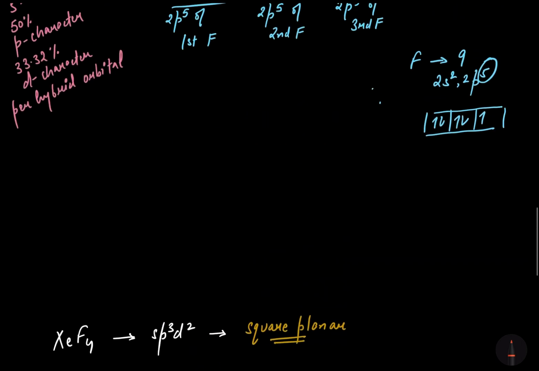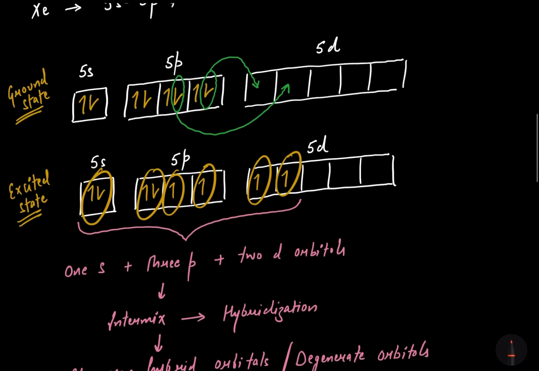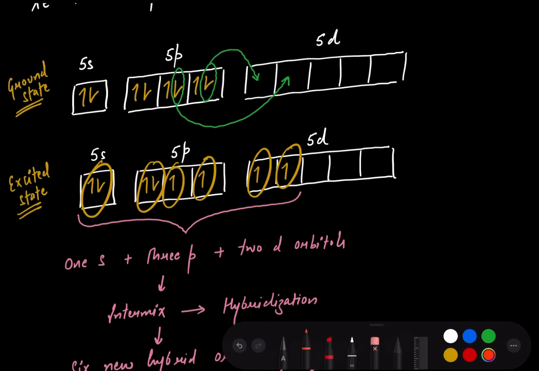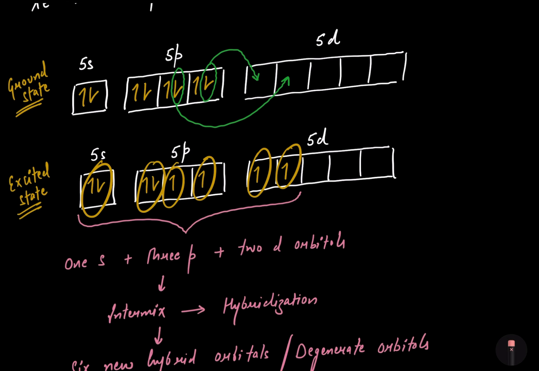Now, at last, let's talk about the energy points. In the hybridization process, we have two endothermic processes and one exothermic process. The first endothermic process, the process which consumes energy, is the promotion of electrons from 5p to 5d. So I'm writing here the consumption of promotional energy, that is, energy required to promote the electrons from 5p to 5d.